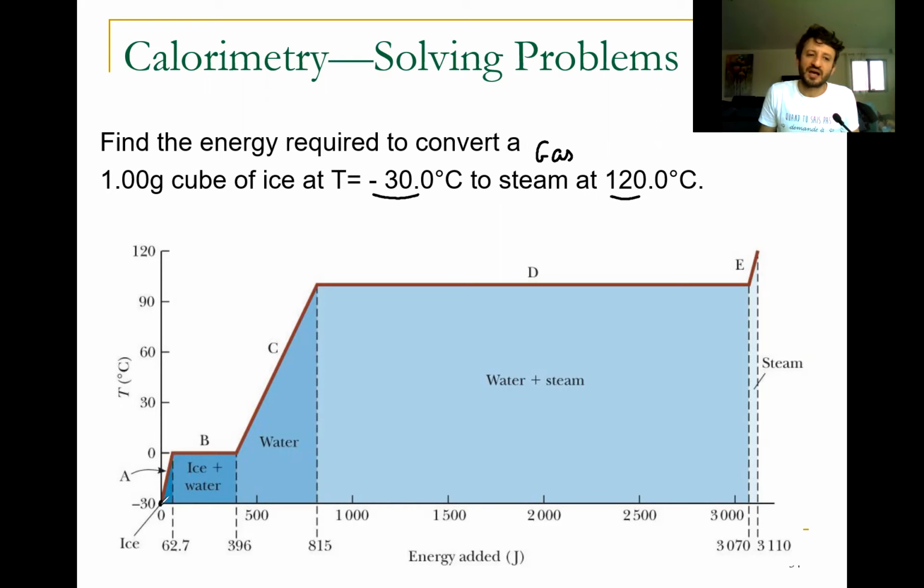So here we have pure ice, between -30 and 0, and we have one phase. So in the region A, we have only one phase.